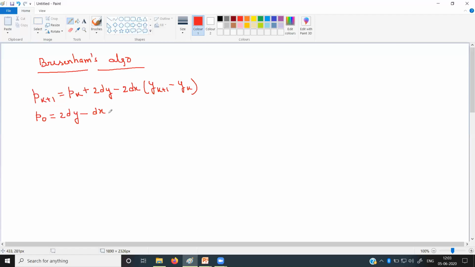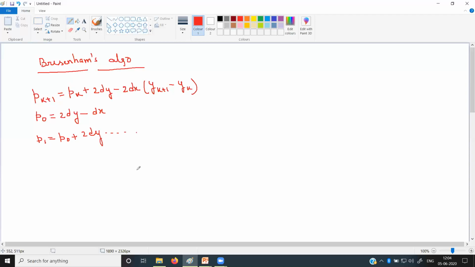And based on the error parameters, we can decide whether for a particular value of X, what will be our next Y value. So if you know the P0, you have to compute the P1. Your P1 will be nothing but the P0 plus these equations, 2dy and all those things.